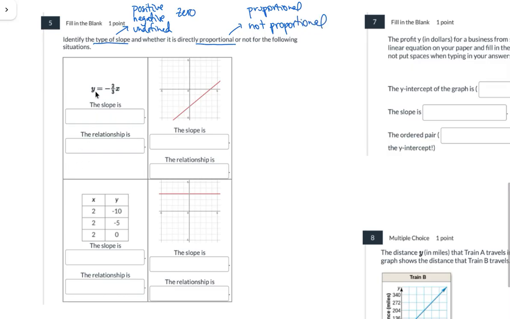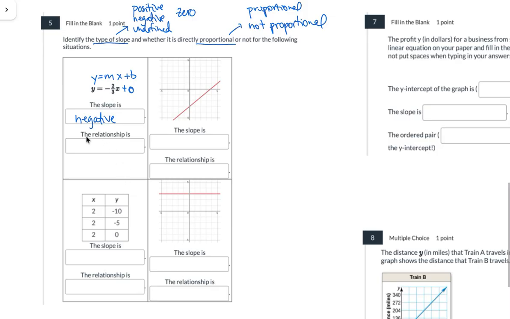So when we look at this, y equals negative 2/3 x, all right? So the slope is, well, I'm going to overlay y equals mx plus b, which this is a plus 0, right? That is invisible. I'm going to line this up and say that my slope is negative 2/3, which means the slope is negative because the sign on the number is negative.